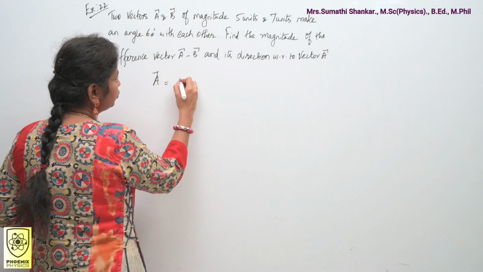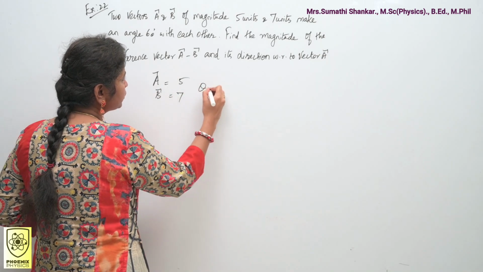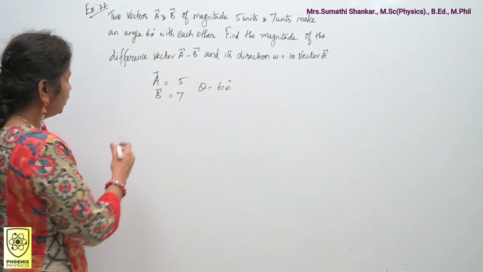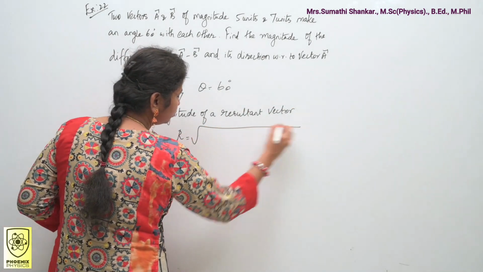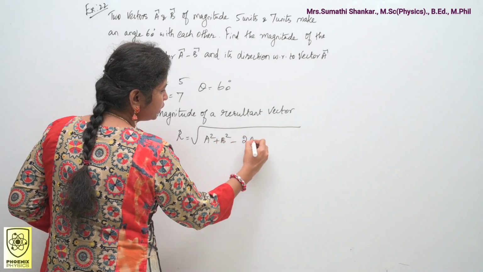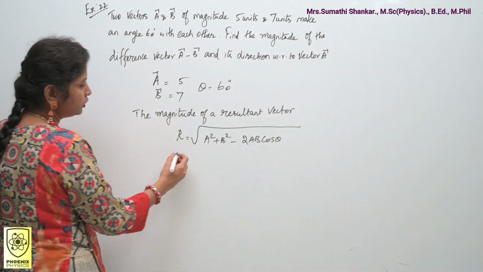A is 5 unit and B is 7 unit, and theta is equal to 60 degree. You know the formula. The magnitude of the resultant vector R is equal to root of A square plus B square minus 2AB cos theta. Substitute the value.